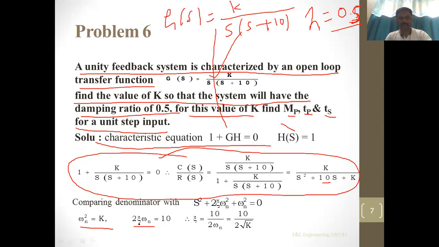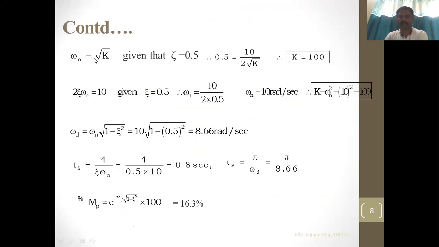Next, strictly speaking, if I try to find the value of xi, it is equal to 10 divided by 2 omega n. Omega n is nothing but root of K. Let me simplify this. Xi is equal to 10 divided by 2 into root of K. Next, I will substitute the value of xi over here. Xi is 0.5.